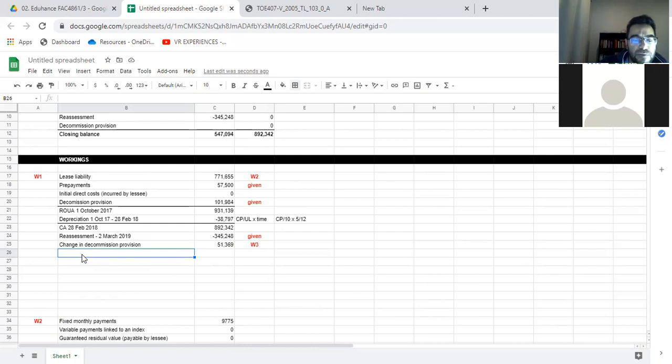Whatever the asset is over here, whatever this amount is, is the adjusted carrying amount at 28 Feb 2019 before depreciation.